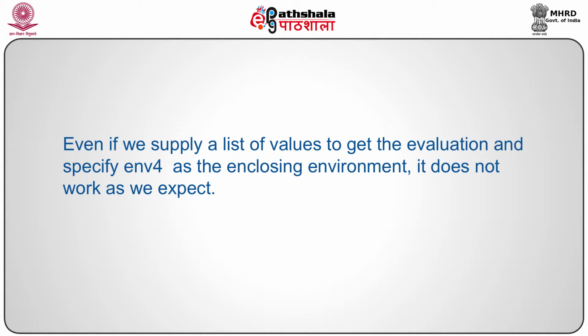However, if we supply a named list of values to get the evaluation and specify environment 4 as the enclosing environment, then it does not work as we might expect.